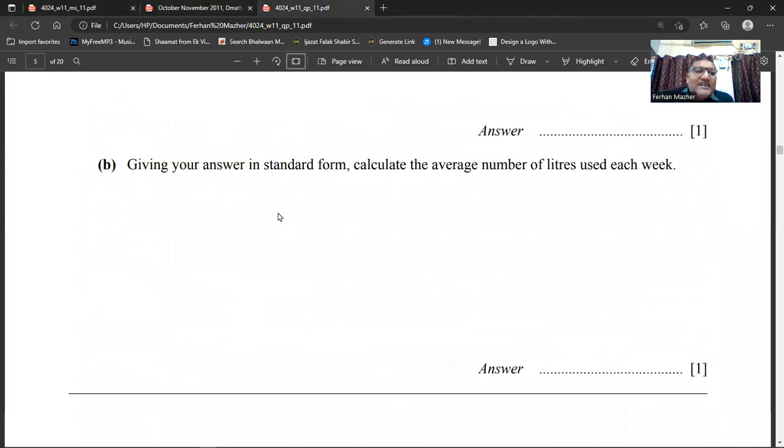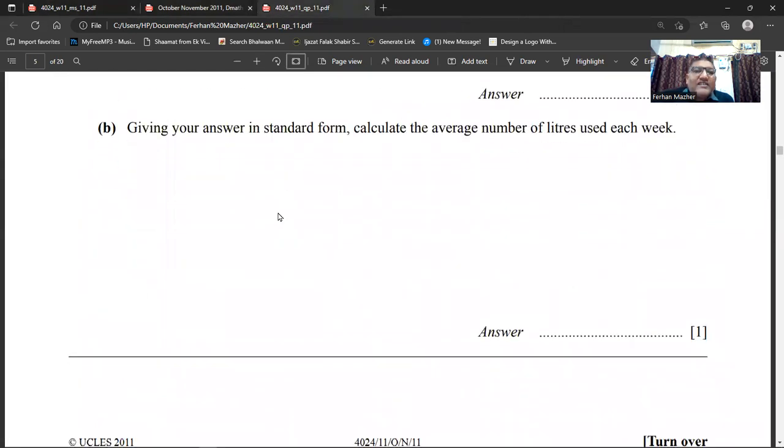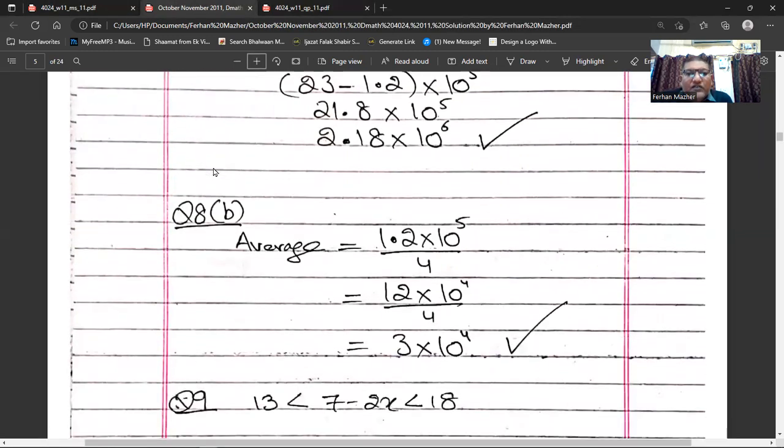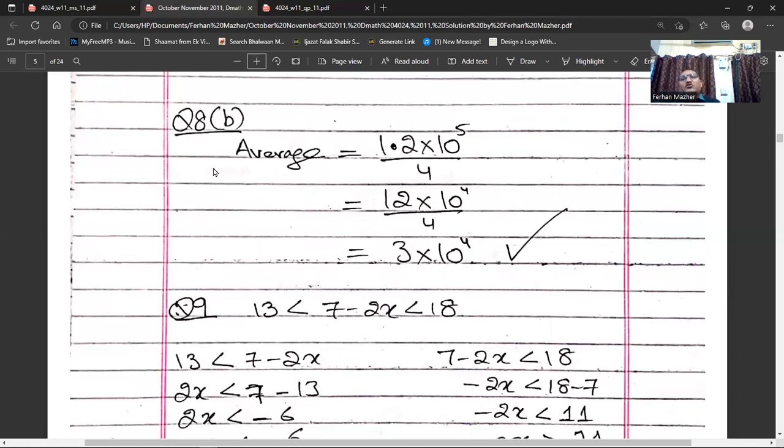Okay. Then they say, giving your answer in the standard form, calculate the average number of liters used each week. It's very simple. They have used this oil in 4 weeks, so the oil used divided by 4 will give you the oil used per week.